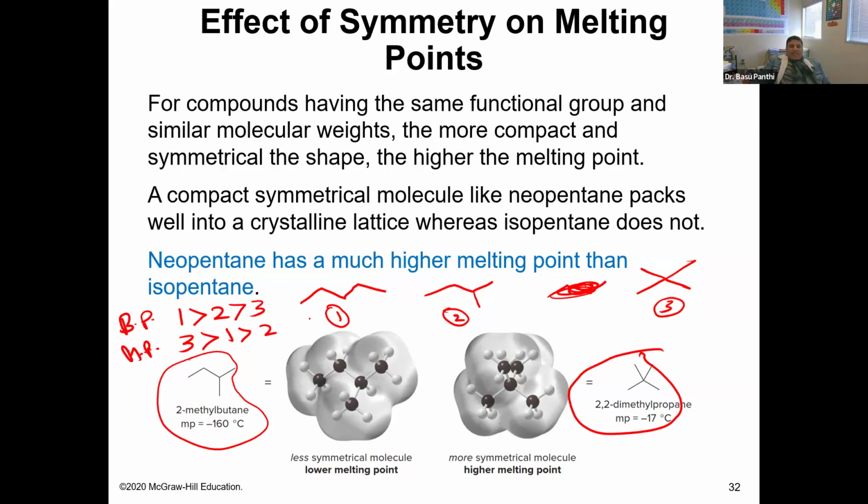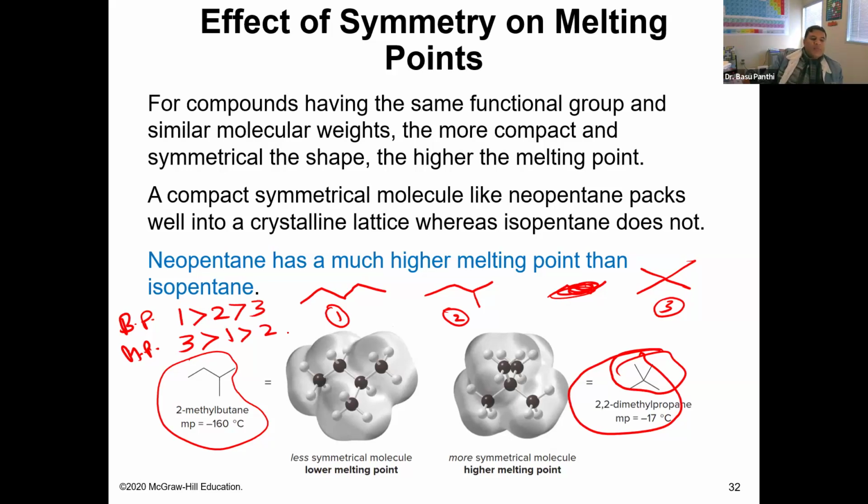Boiling point, branching decreases, 1 is higher, then 2, then 3. Melting point 3 is the highest because that's spherical or symmetrical. Then 1 because it's the longest, then 2. Only symmetrical effects, otherwise it follows the same trend as in boiling point. Please remember this example, 1, 2, 3 or 3, 1, 2.